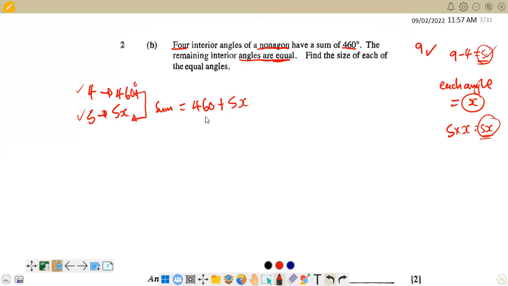This is an expression that we got for the sum of angles of a nonagon with 9 sides. Now, we can also find the numerical value of this sum for a polygon with 9 sides.